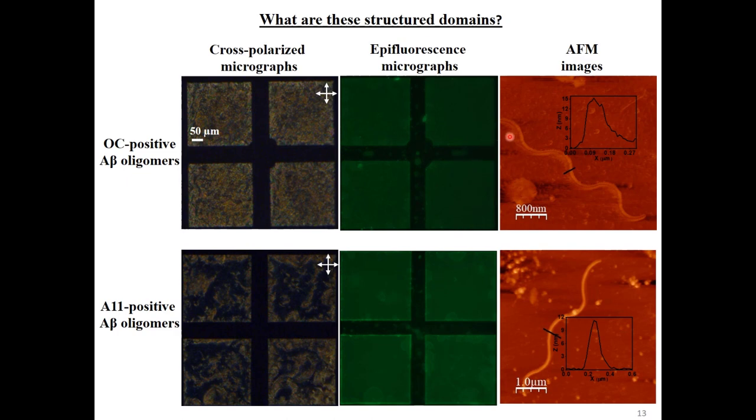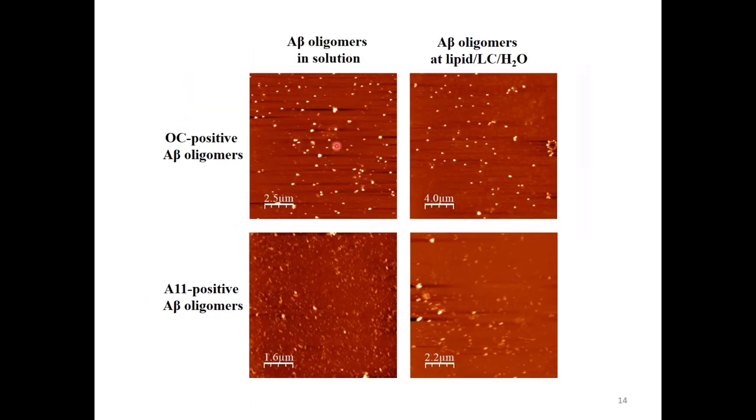We further performed atomic force microscopy imaging of the interface, which showed curved amyloid fibrils of height 10 to 16 nanometer. We also performed control AFM experiments of the oligomers in solution, and just after adding onto the interface, and we found oligomers of various sizes, but there are no fibril formations.